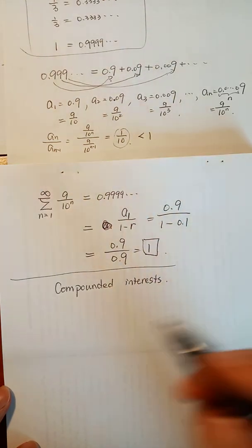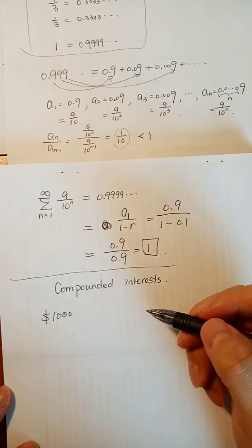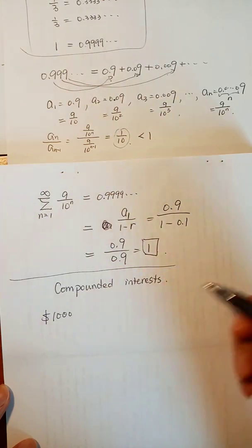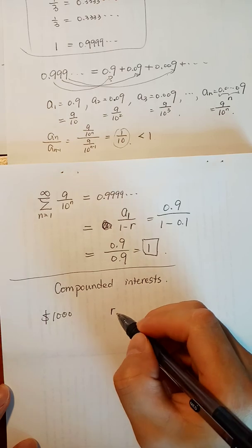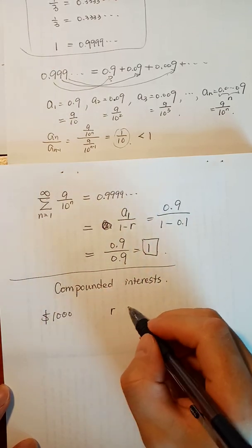For example, you have $1,000. You're going to save it, put it in the bank. So the interest rate is R. It means after 1 year, you will get interest.